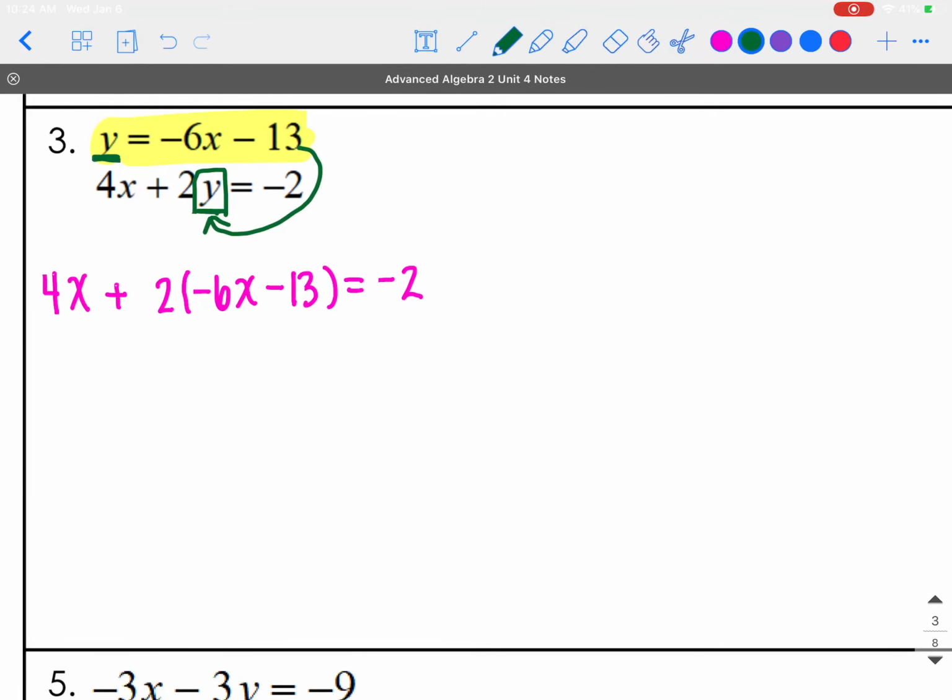And then I'm going to solve. So first I want to distribute. Then I can combine my like terms.